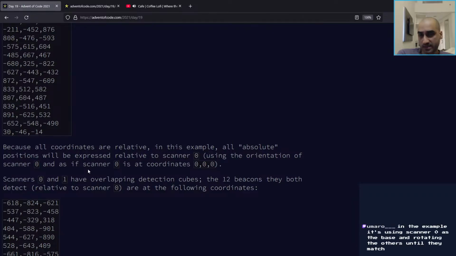In the example, it's using scanner 0 as the base and rotating the others until they match. But this still comes back to the fact that they may not match at all.